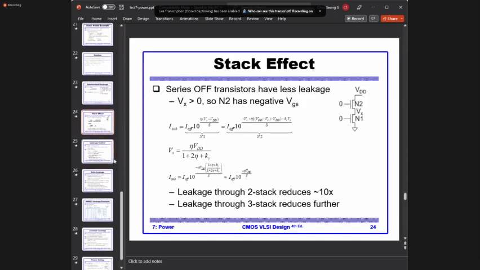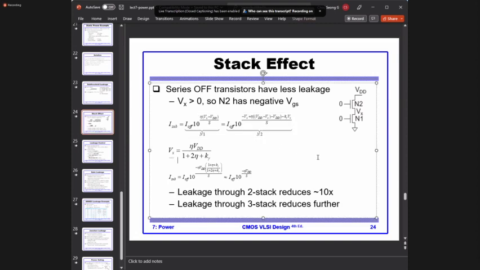Given that you have current that's related to the VDS drop, the more transistors that you have sitting vertically connected in series, the less VDS drop you will have on the individual transistors. And you can just basically take VDD and divide by however many transistors you got to figure out your VDS drop.